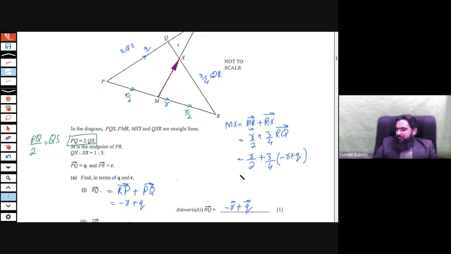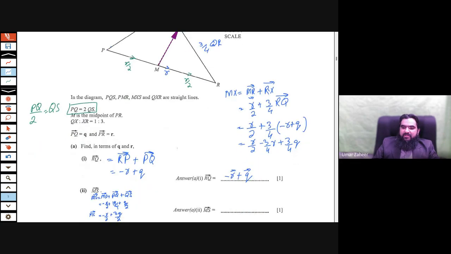Now simplify them, it will be R divided by 2 minus 3 over 4R plus 3 over 4Q. Please simplify.